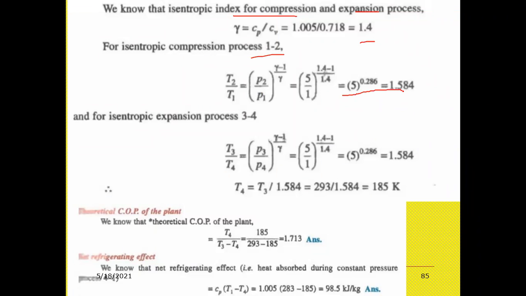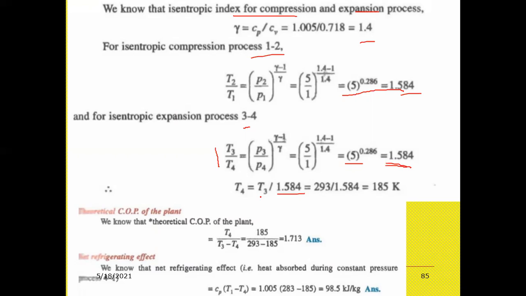Now for the isentropic expansion process 3 to 4, T3 by T4 is equal to P3 by P4 to the power of gamma minus 1 by gamma, that is 5 by 1 to the power of 1.4 minus 1 by 1.4, which is 5 to the power of 0.286, and you get the value 1.584. So T3 by T4 and T2 by T1 are the same values. Therefore T4 is equal to T3 by 1.584.